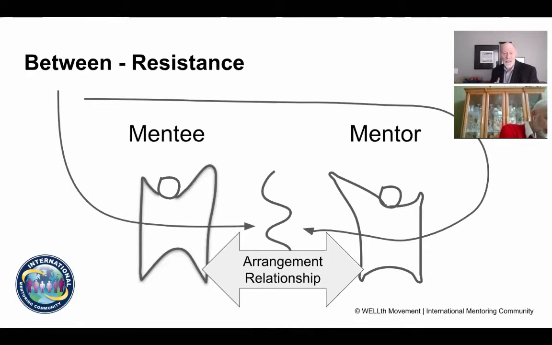One of the ways as a mentor to deal with the resistance is just to ask the mentee for their perspective of what you just shared, and then open it up. This is a good time to state that in any mentor-mentee relationship and arrangement, the mentor learns a lot from the mentee as well. So sometimes you've got to get over your own resistance to what's happening as a mentor.